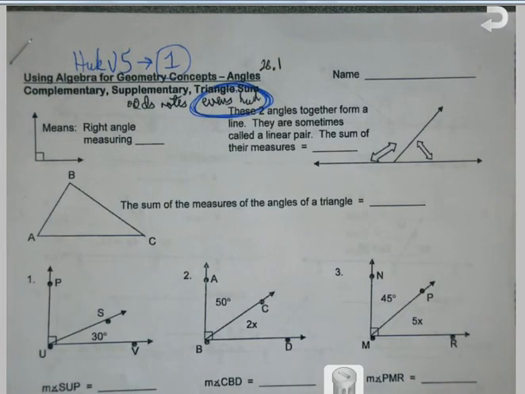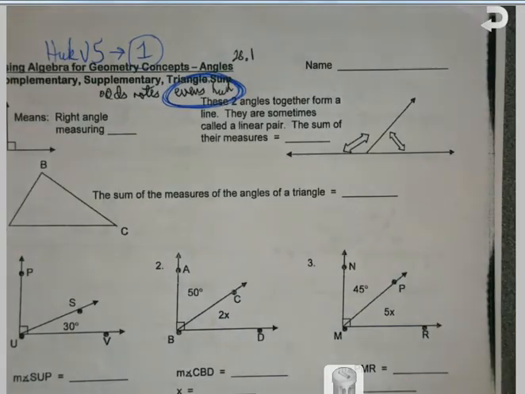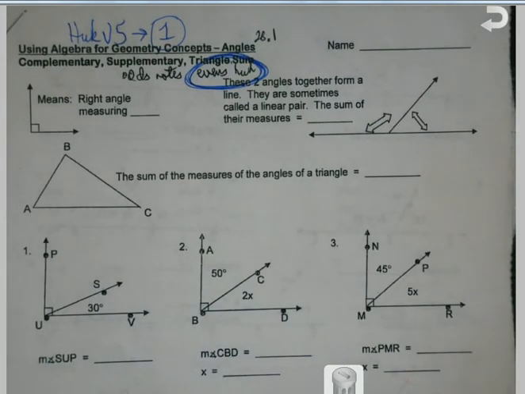You only have to do the evens in this one. Only the evens, which means, let's see how many that means. 12 problems in this packet. I know it seems like it could be huge and more, but it's not. You only have to do the evens on this one to get your credit on things.